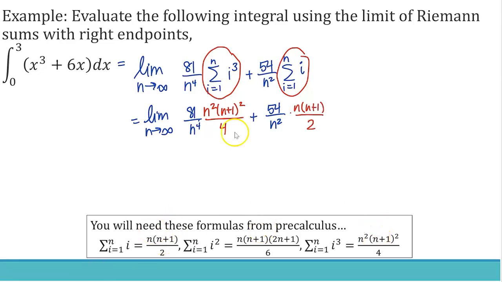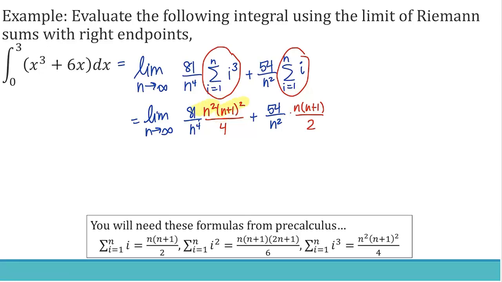So with these formulas, we were able to drop the sigma notation. And now we can just evaluate this limit at infinity, or really these two limits at infinity, because all we have left is rational functions. So the rational functions that we have left, we're talking about end behavior, limits at infinity, we think end behavior or asymptotes.